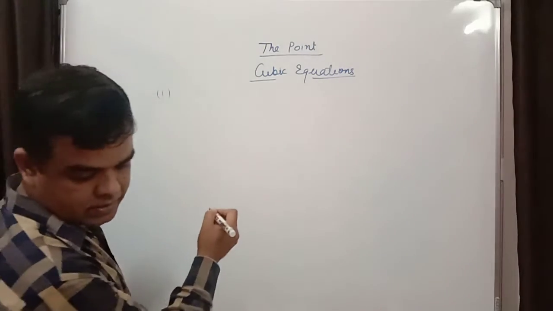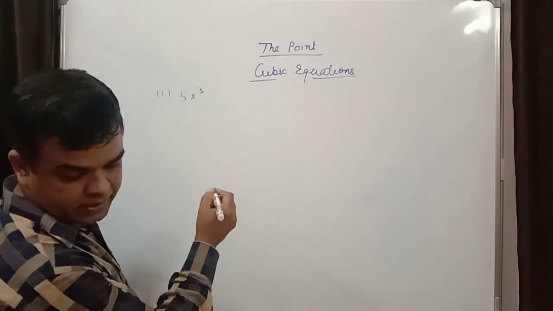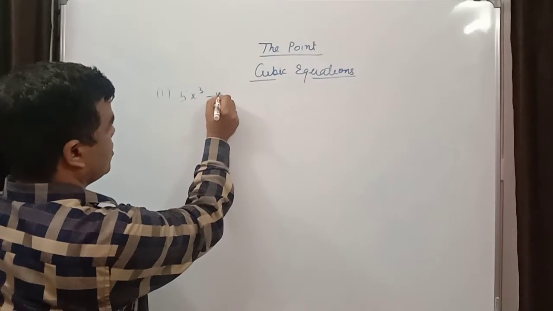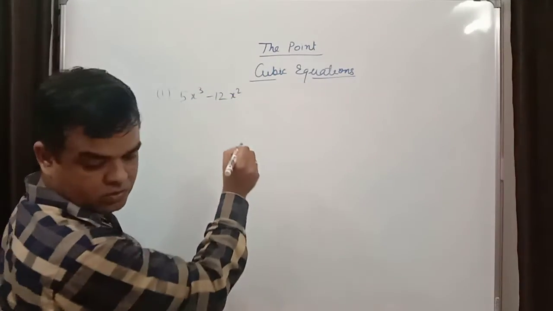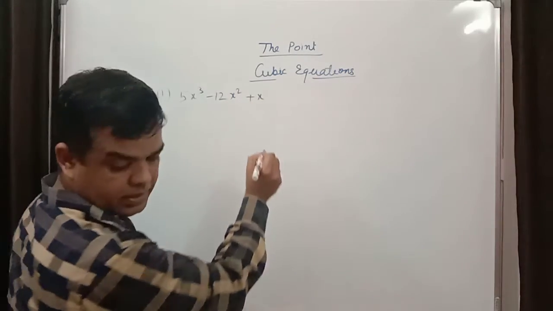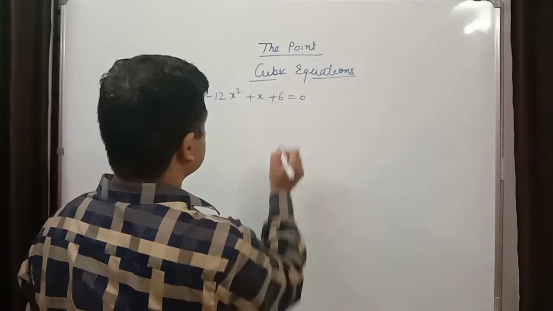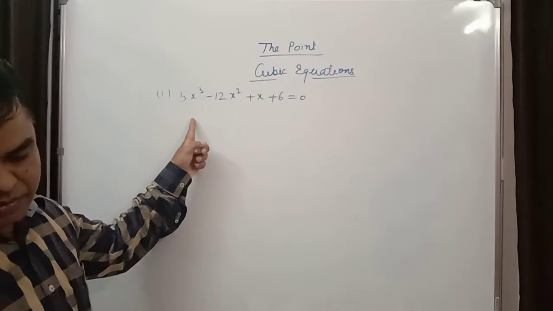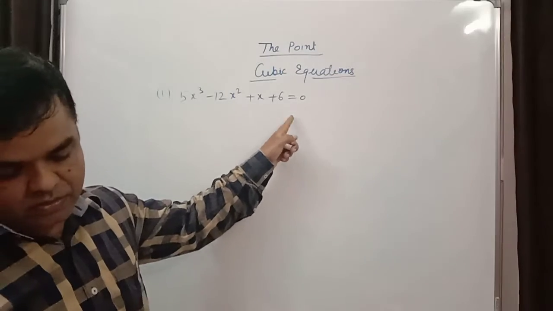The first equation is 5x cube minus 12x square plus x plus 6 is equal to 0. This is one equation: 5x cube minus 12x square plus x plus 6 is equal to 0.